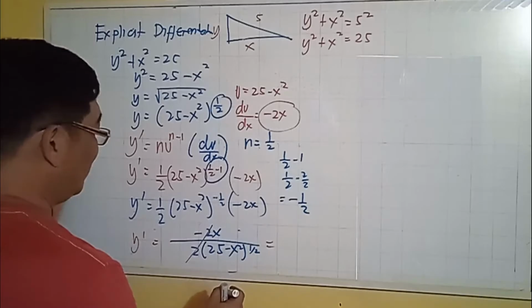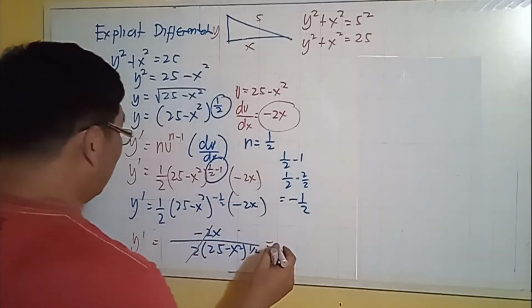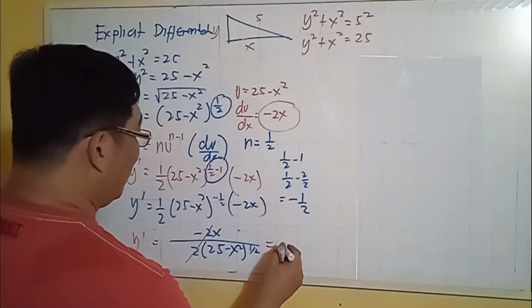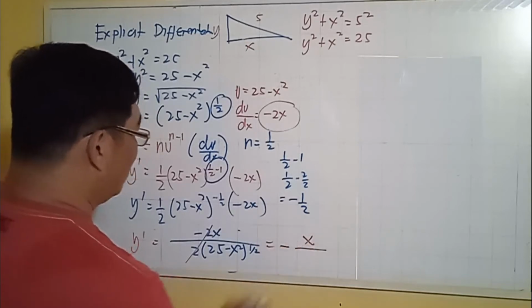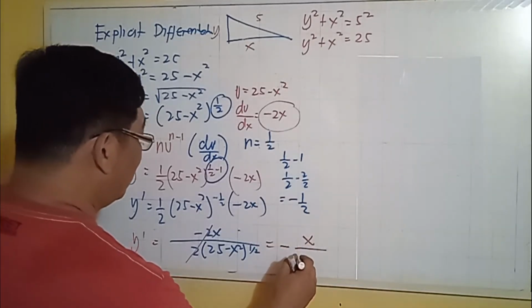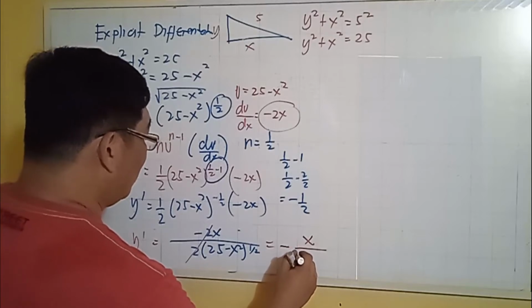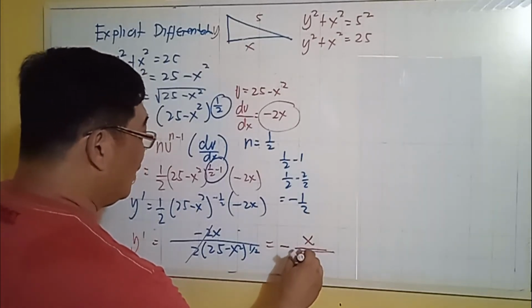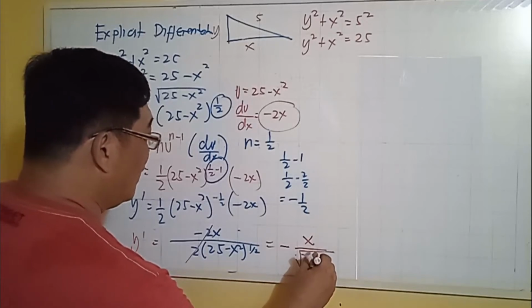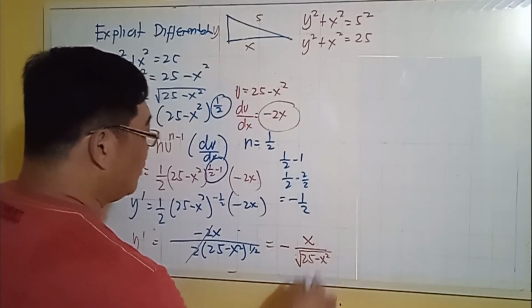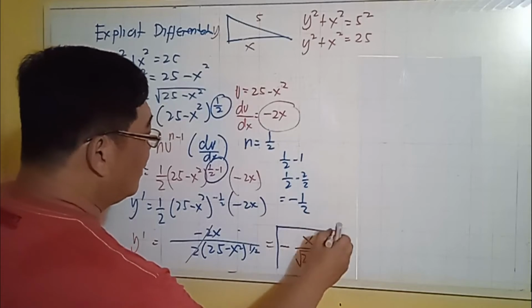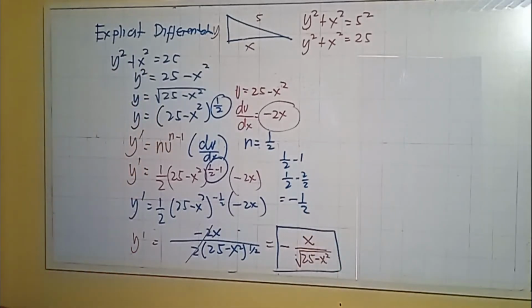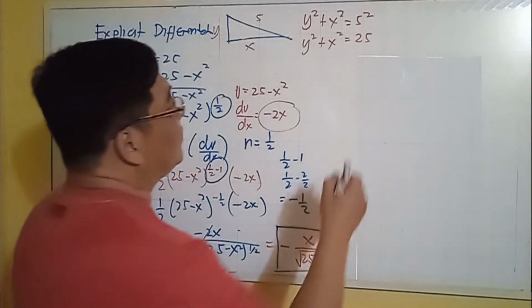So, ang matitira is equals to negative x over, so yung 1 half, pwede naman natin gawin ng square root of 25 minus x square. So, ito yung final answer pagka explicit differentiation tayo.